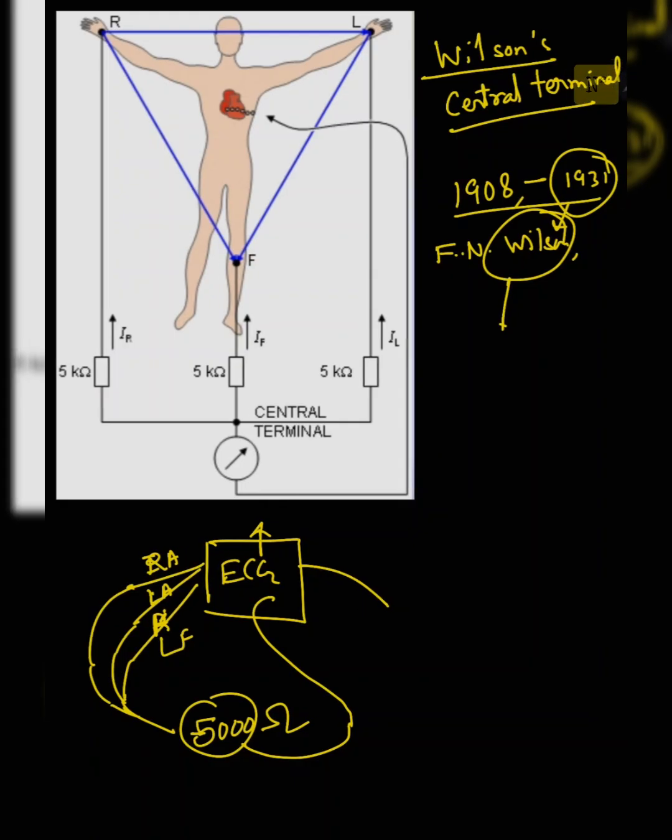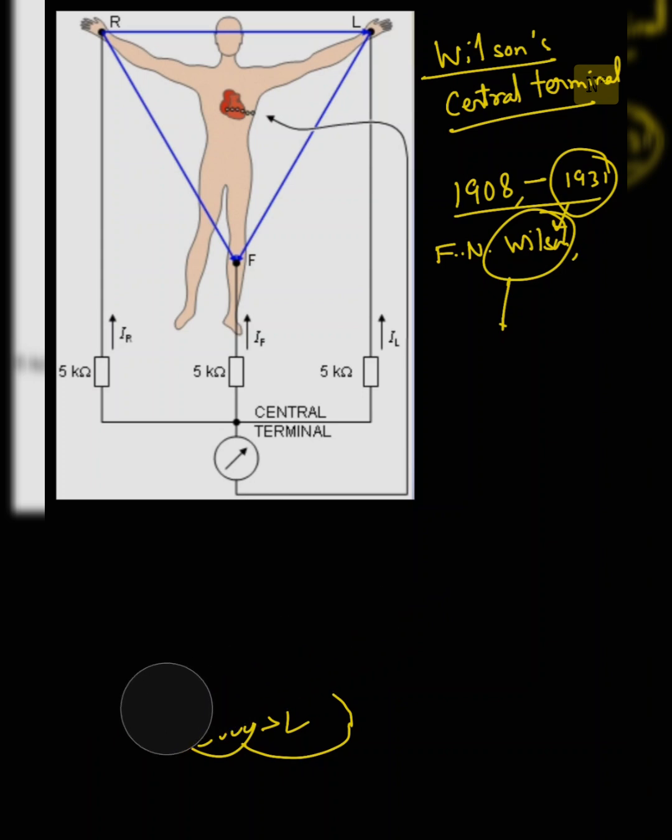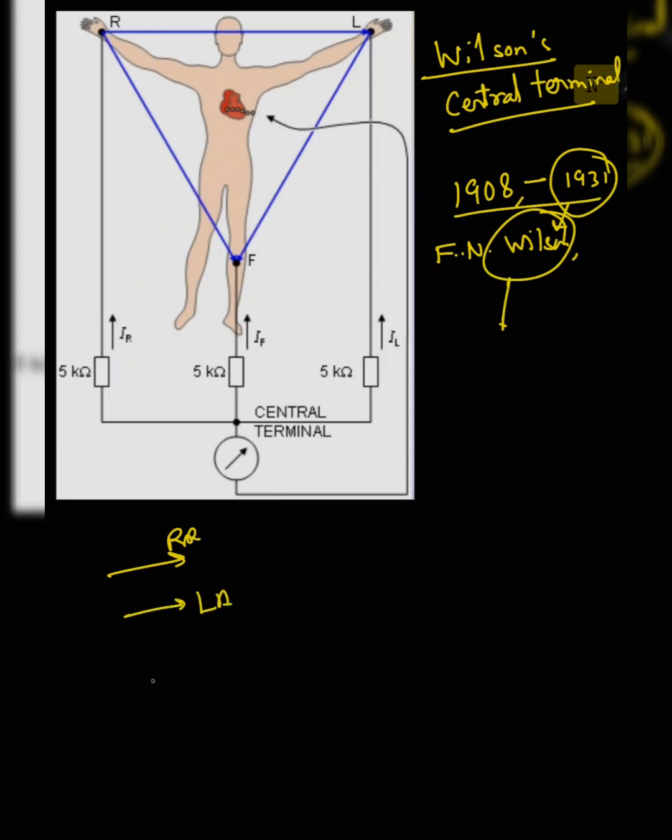Okay, so what happens is that with the implementation of this modification, the person who is using this ECG machine, if supposedly the right arm, left arm, and the left foot ECG machines are connected to a central terminal.